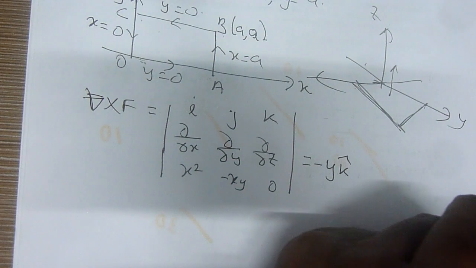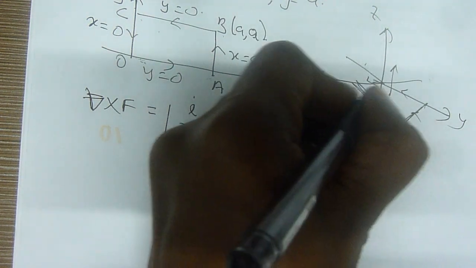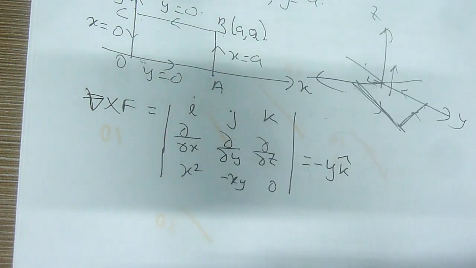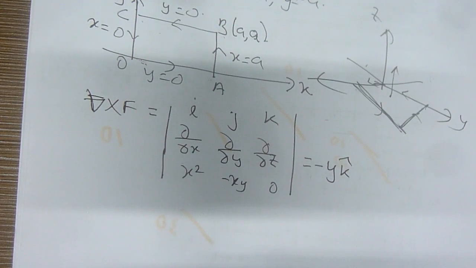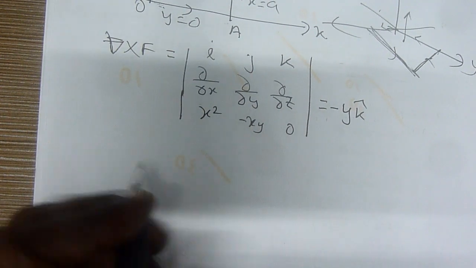The circle could be anywhere, we don't care, but the normal is upward. Now let us proceed further.